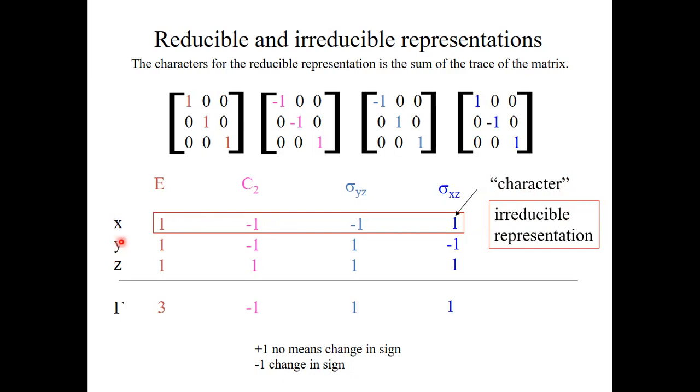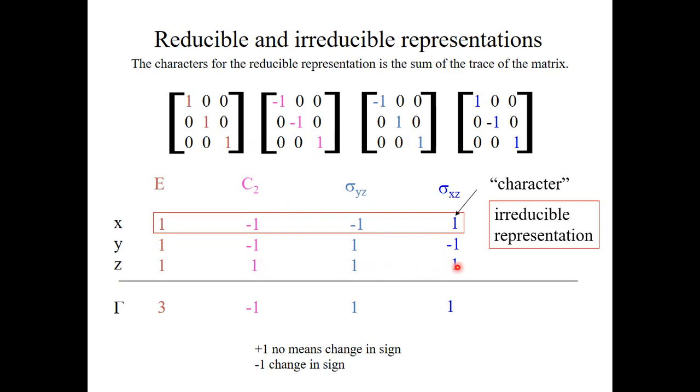The irreducible representation for the y-coordinate would be represented by these four characters here: 1, -1, 1, and -1. You see the same numbers here again. And the irreducible representation for the z coordinate would be made of these four numbers: 1, 1, 1, and 1. You see this again here.